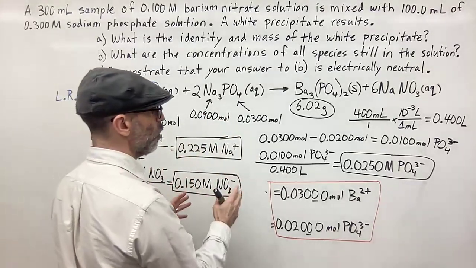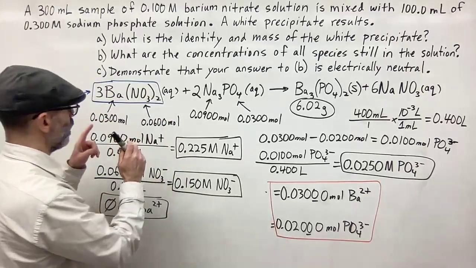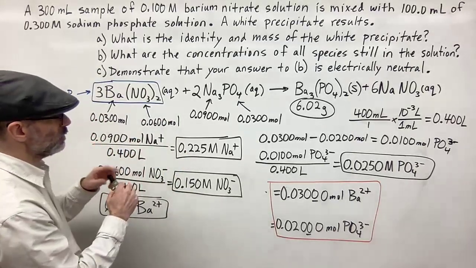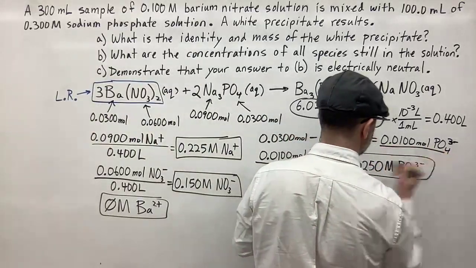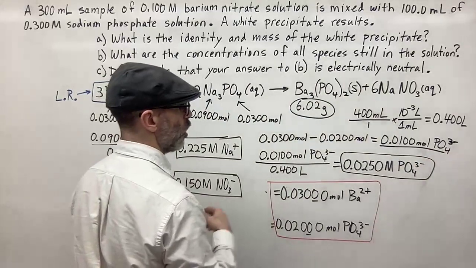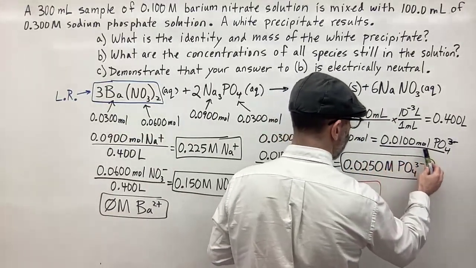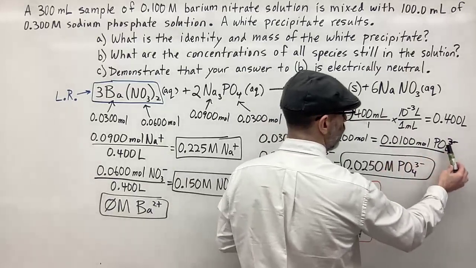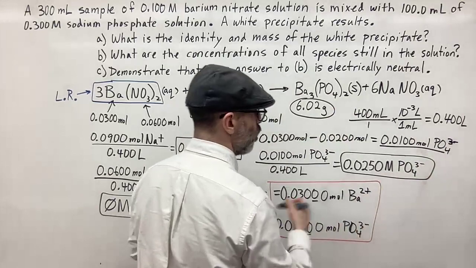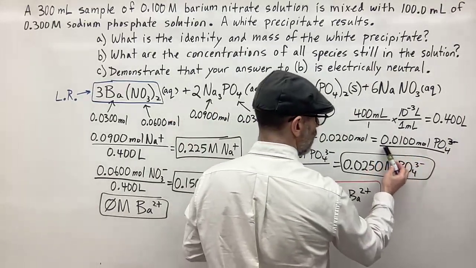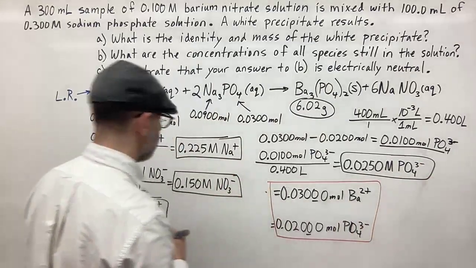We want to go back to moles. So here we have moles of our phosphate left over. So we have 0.0100 moles of the phosphate, and all of those have a 3- charge. So we're going to have to multiply this by 3 to get negative charge from the phosphate.